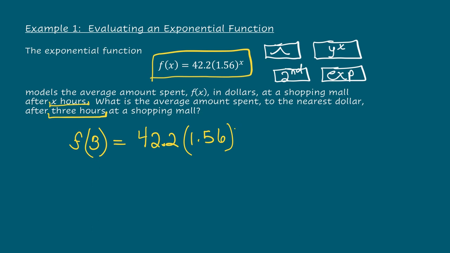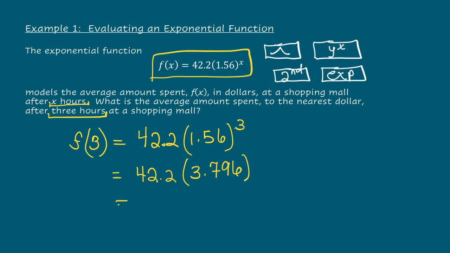So let me erase this here. I meant to put my 3 up in there. Go ahead and write that in. So if you grab your calculator, we're going to go ahead and raise 1.56 to the third power, and you should get 3.796 as the rounded value.